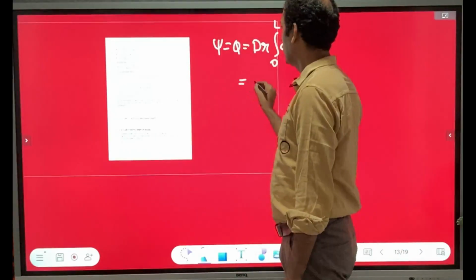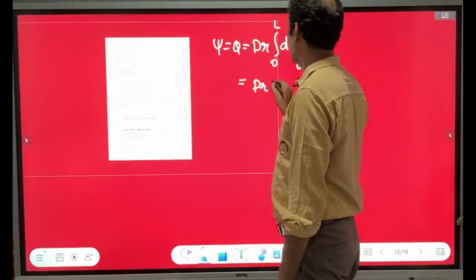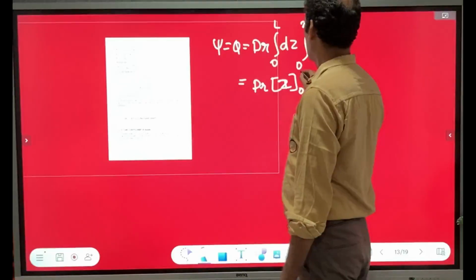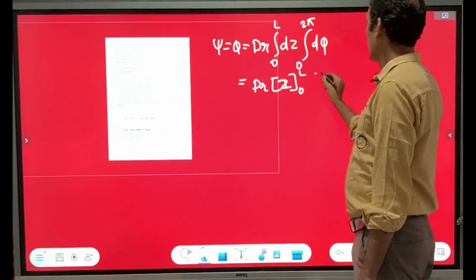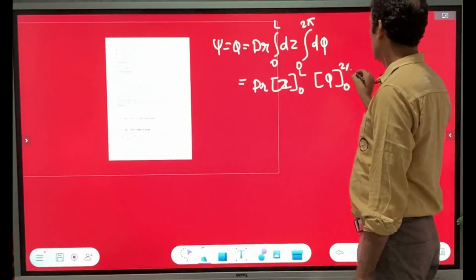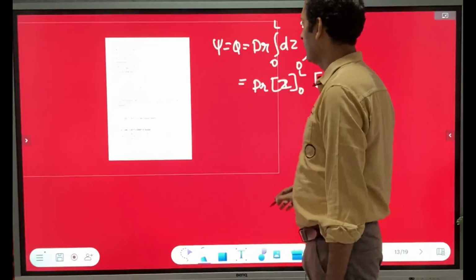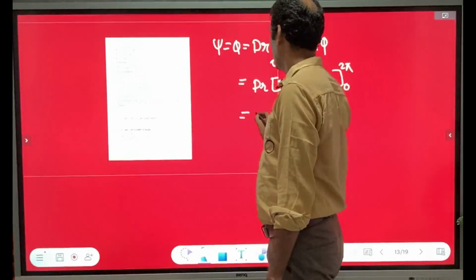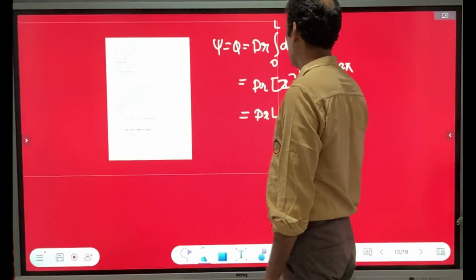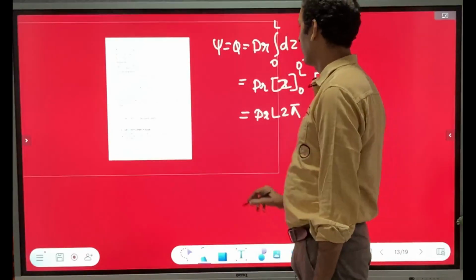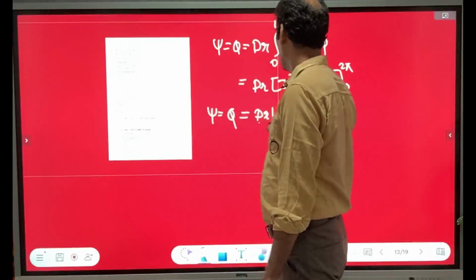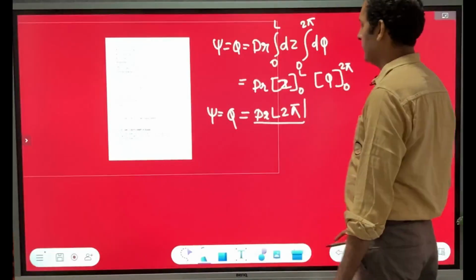So if we put the limits, we'll get D r, z from 0 to L and phi from 0 to 2 pi. So further if we solve this, we'll get D r L 2 pi. Now this is our psi equal to Q equal to this expression.